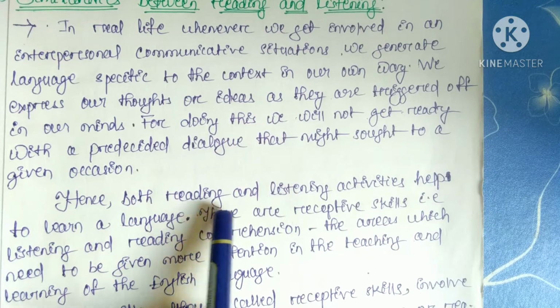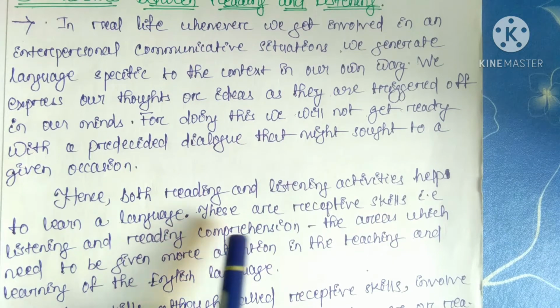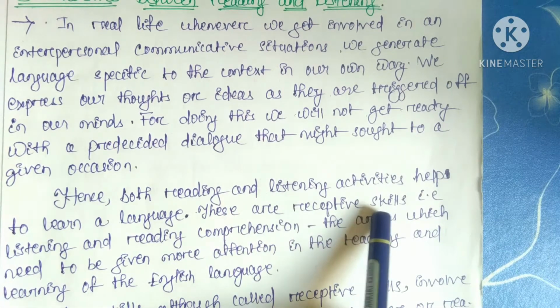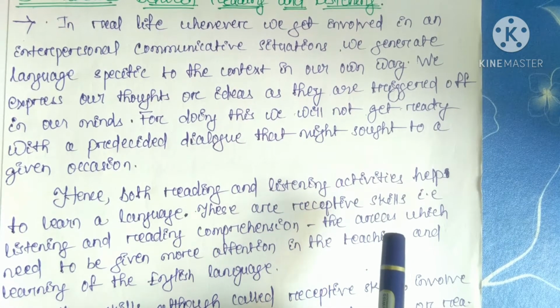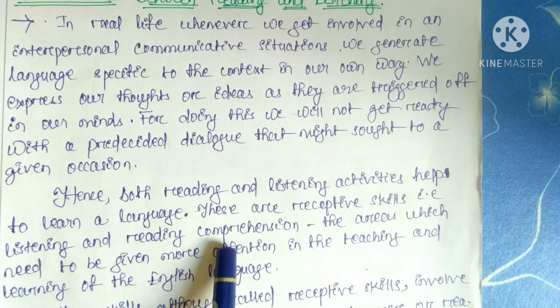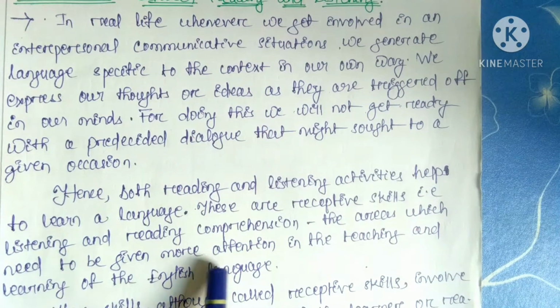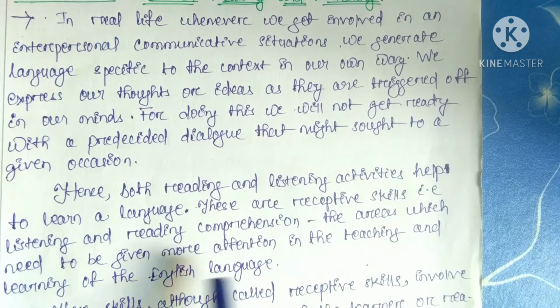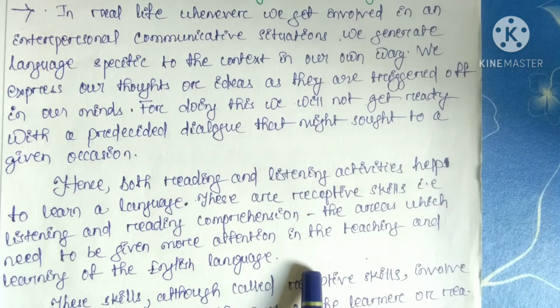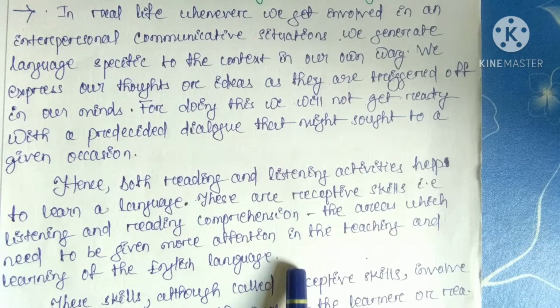Hence, both reading and listening activities help to learn a language. These are receptive skills. Receptive means reception skills, that is, listening and reading comprehension. These are the areas which need to be given more attention in the teaching and learning of the English language. It means some input is given so that a listener or learner should decode the input and give the output.